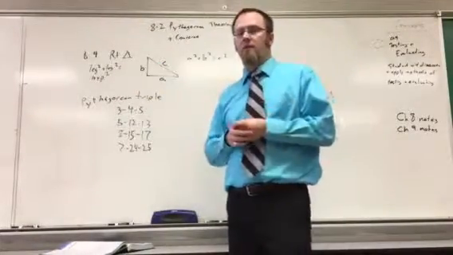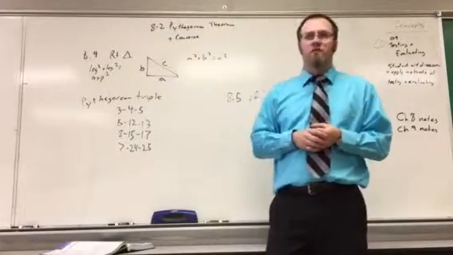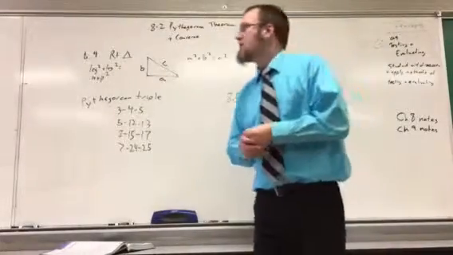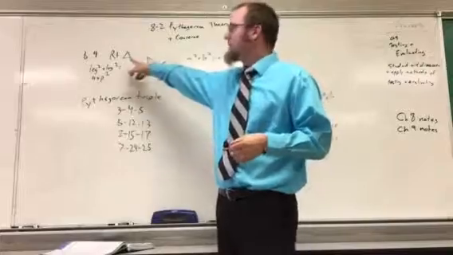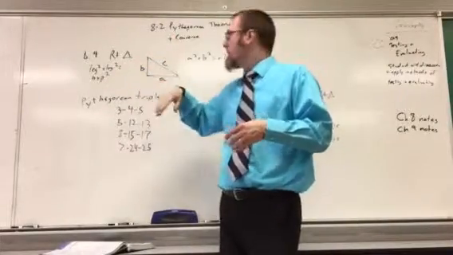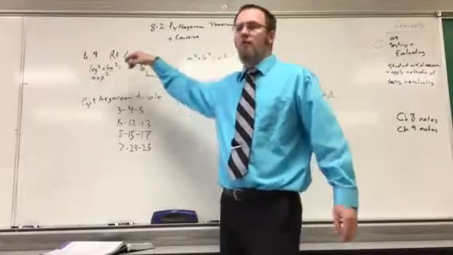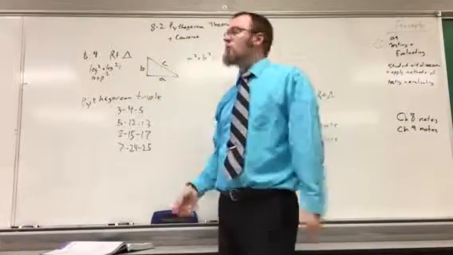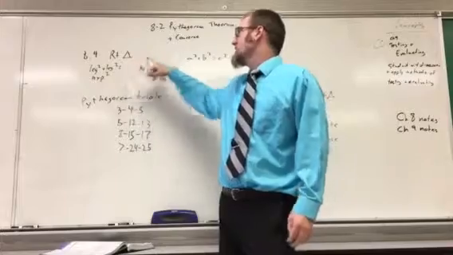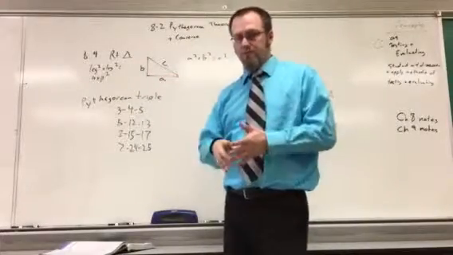8.4 is the Pythagorean theorem. It was discovered by a Greek mathematician that went by the name of Pythagoras. If we have a right triangle, and we know it's a right triangle, then the sum of the two legs of the right triangle squared will be equal to the hypotenuse squared.